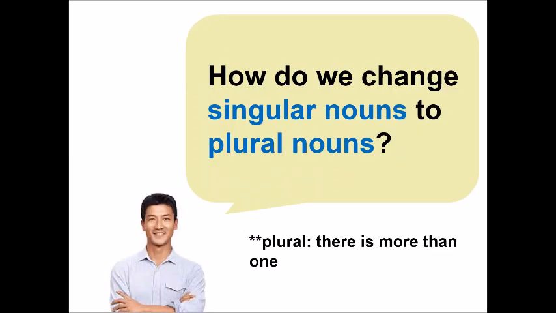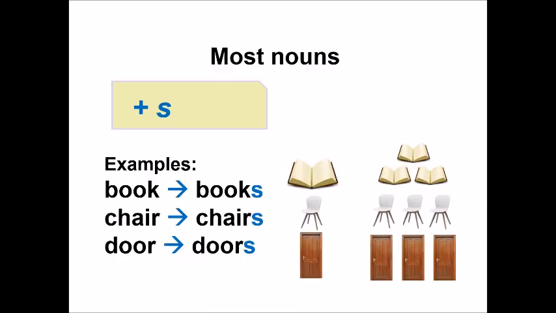How do we change singular nouns to plural nouns? Please note that plural means there is more than one. For most nouns, you add the suffix s to the nouns, for example, book becomes books, chair becomes chairs, door becomes doors.